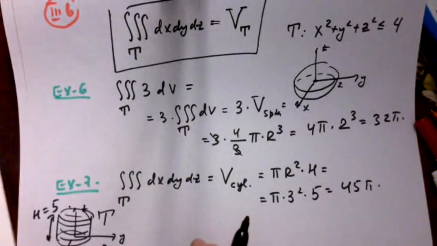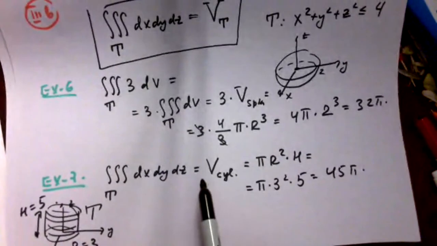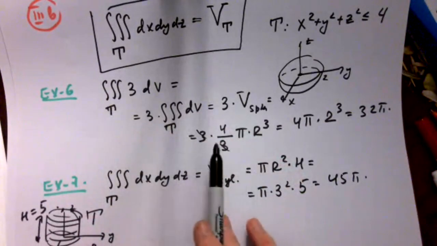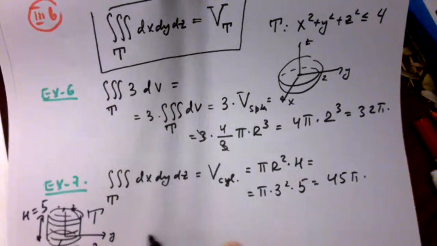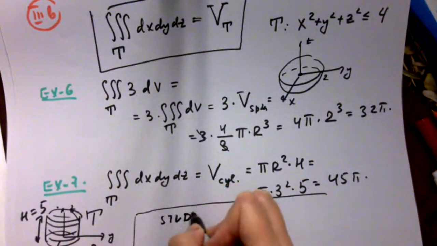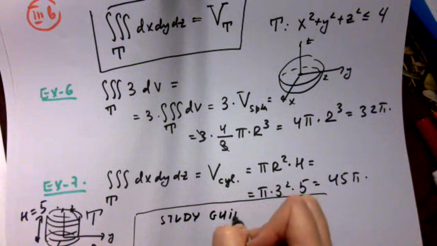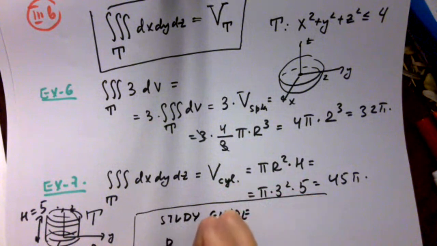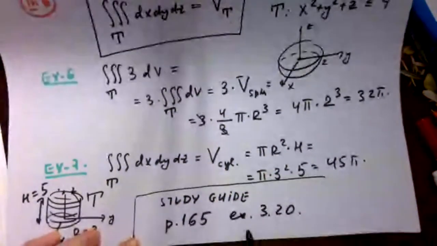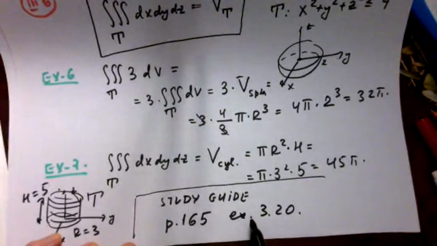So I hope that I managed to convince you that it's a good idea to know this nice property because it might save you a lot of time. And you know what? I have a very good exercise for you in the study guide again. This is page 165, and this time it's exercise 320. In exercise 320, you are asked to calculate the flux for a closed surface.